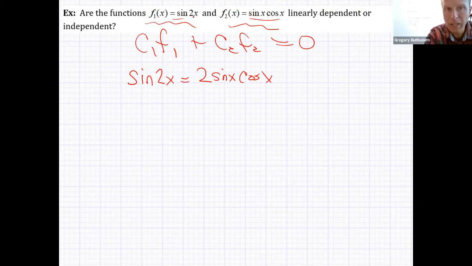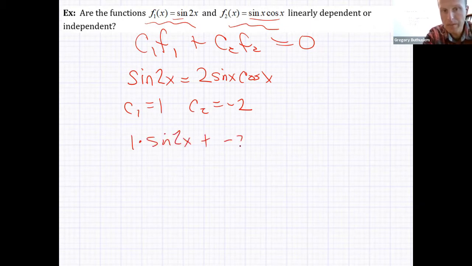Because if I take C1 to be 1 and C2 to be -2, I'll easily be able to get these two to cancel out. Neither of these are 0. If I take 1 times f1, which is sine 2x, plus -2 times f2, which is sine x cosine x, what are you going to get?